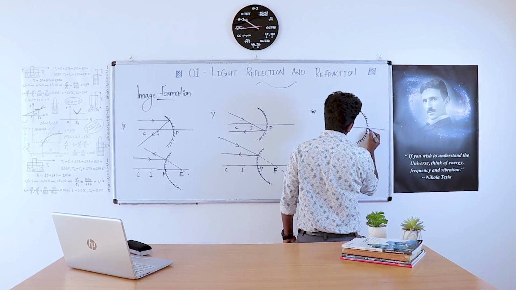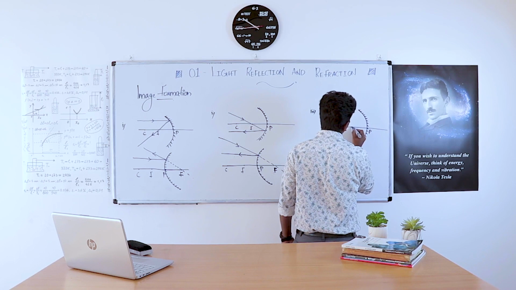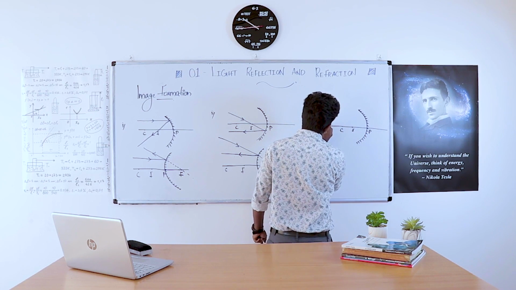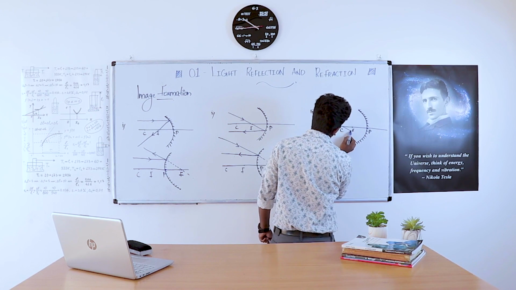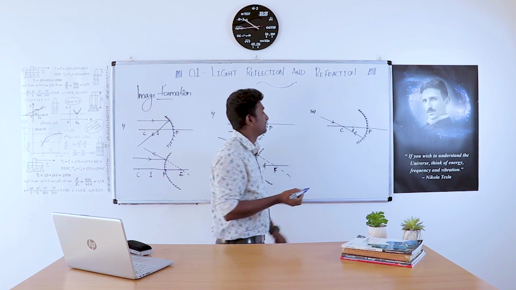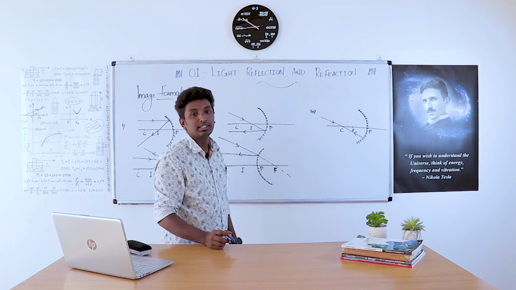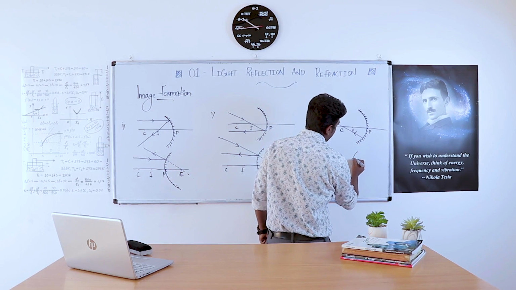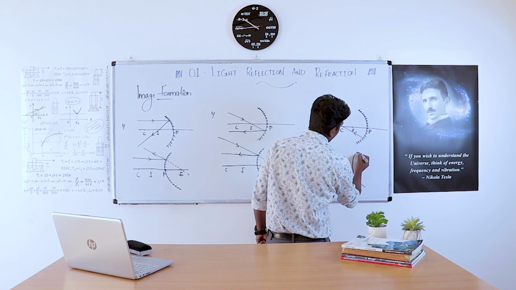So this is the case of a concave mirror: pole, focus, center of curvature. The case is the same for a convex mirror.